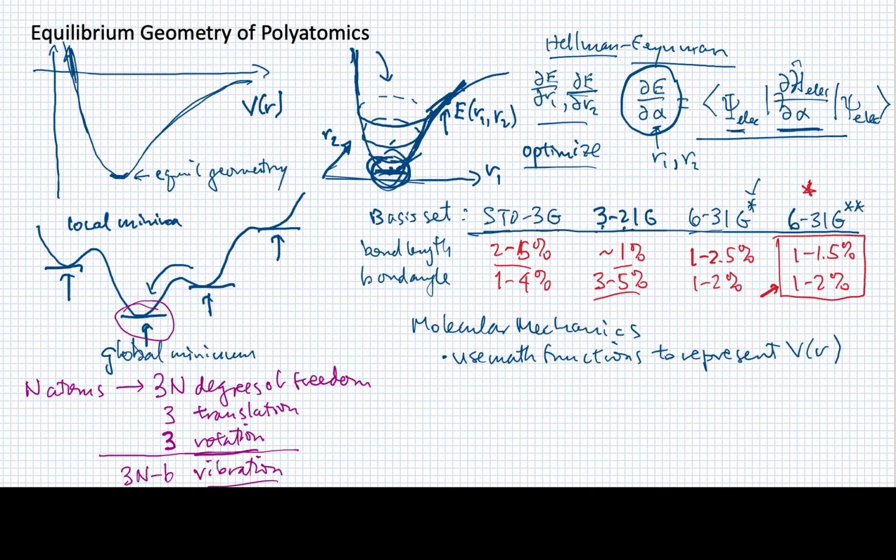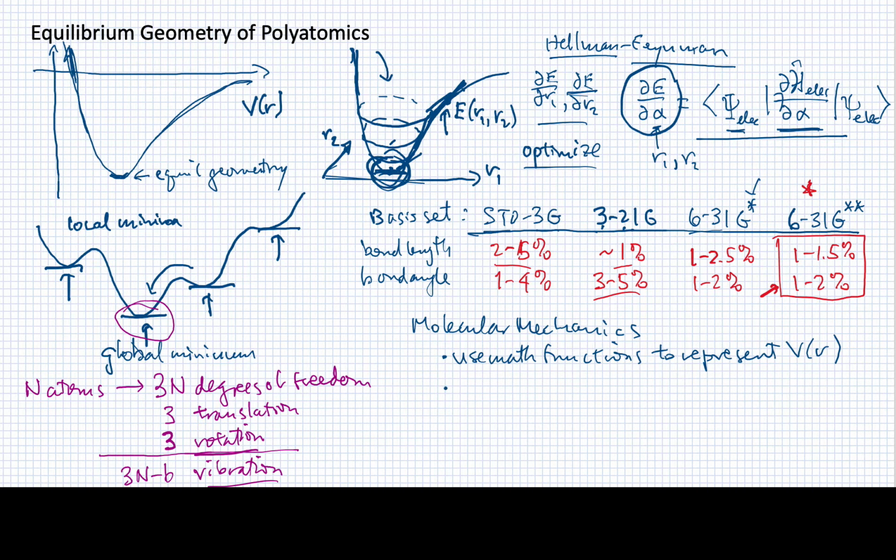Now it does this in a piecemeal way. It may have one mathematical function that will represent a carbon-hydrogen stretching force. It may have a different potential that would represent a carbon-oxygen stretching force, and so forth. So there are many different mathematical functions that are used, with many different sets of parameters, and that's how these things can actually be reasonably accurate in terms of predicting geometry.